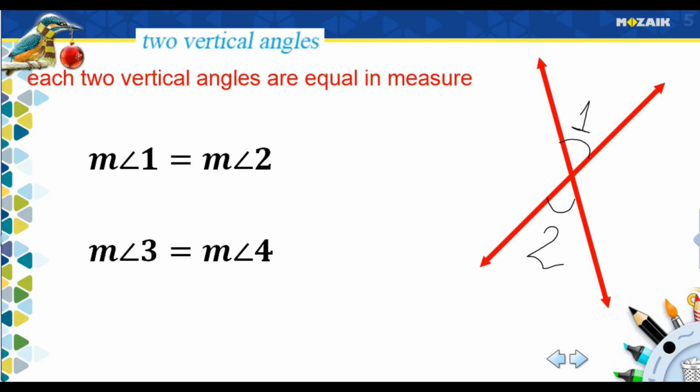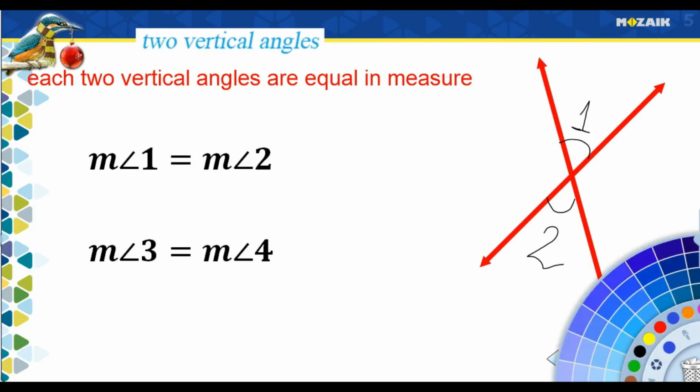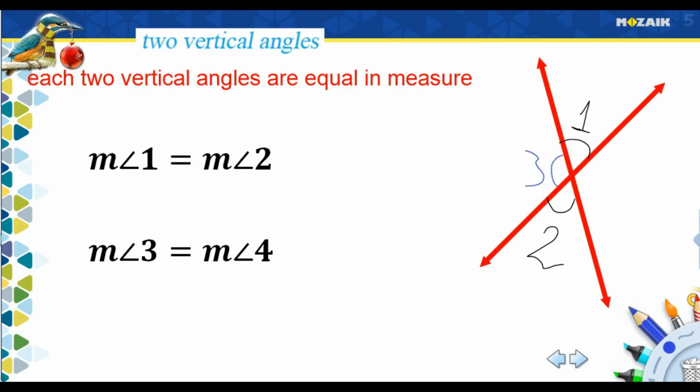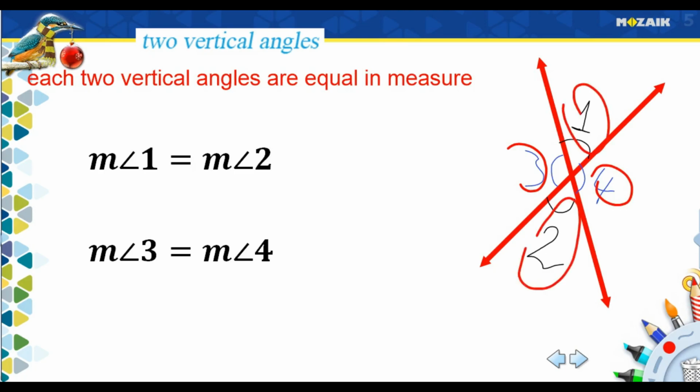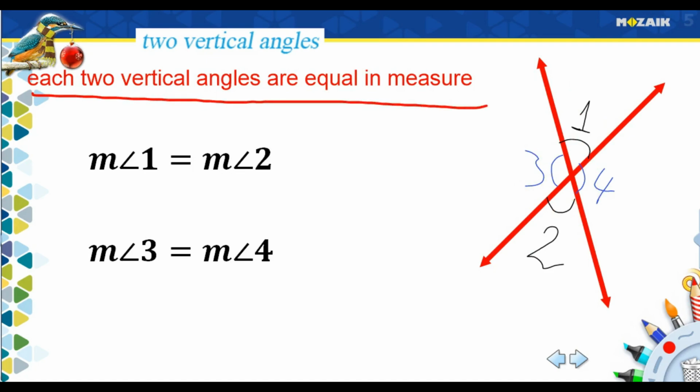Each two vertical angles are equal in measure.